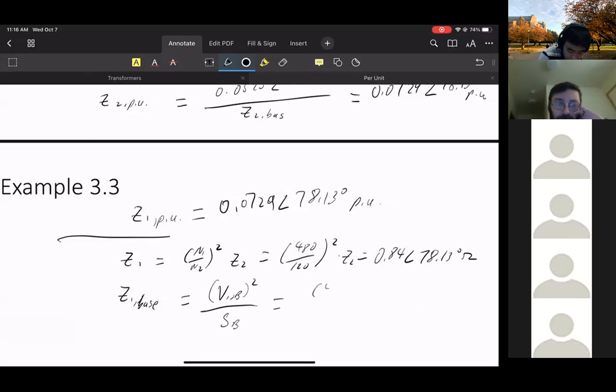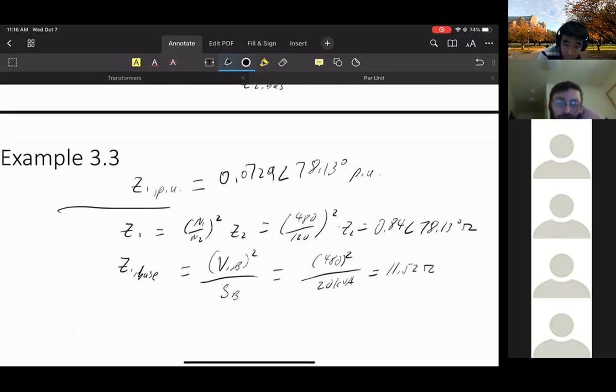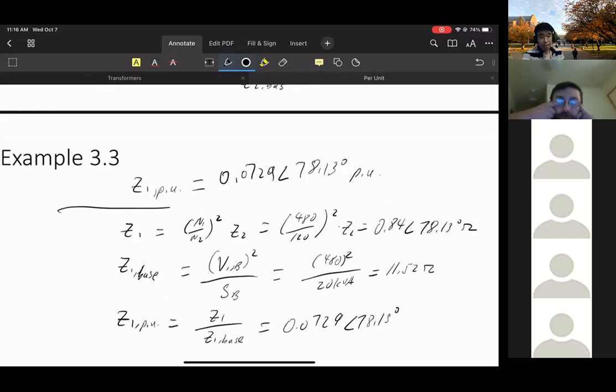So this is 480 squared over 20 kVA, which gives 11.52 ohms. Z1 per unit is Z1 divided by Z1 base. You get the same answer as before, 0.0729 angle 78.13 degrees, the exact same number as before. So that's a sanity check.